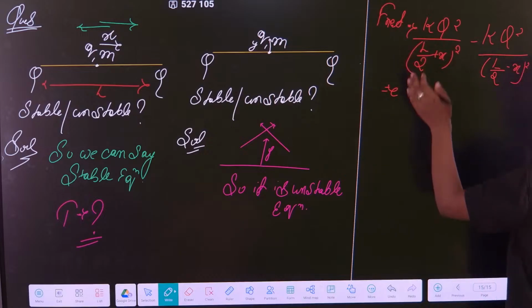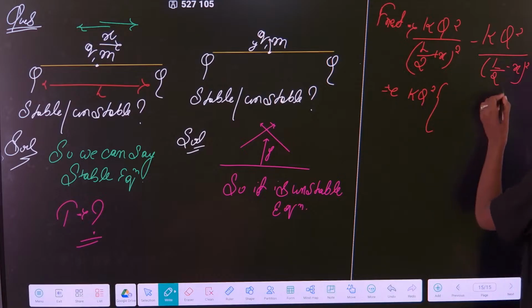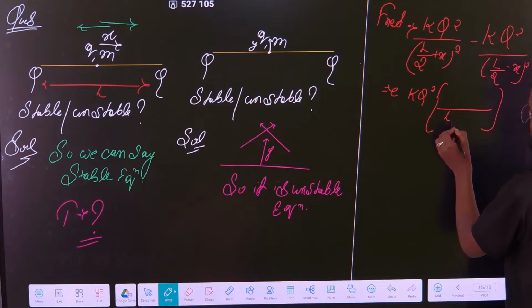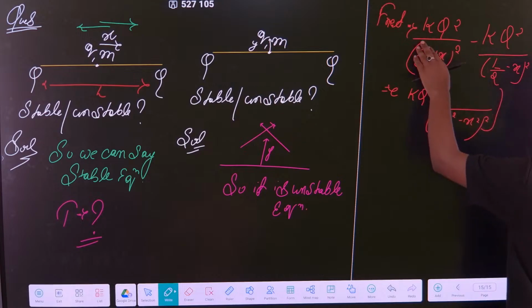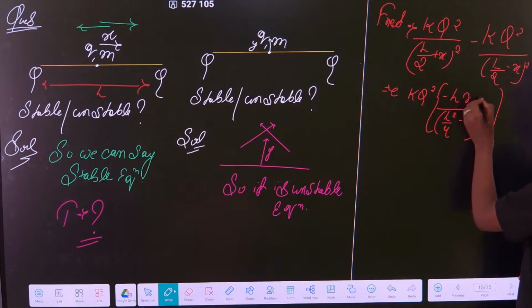And obviously this value will be negative, so I can write k q square, and this will become L square by 4 minus x square, whole square, and this you will open, so it becomes L square plus x square minus 2lx, and L square minus x square, so minus 2, this will become minus lx, correct?